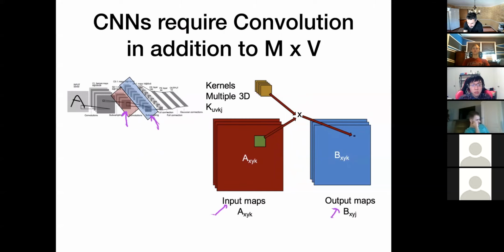You have these guys, these are your kernels that run through this input map, and you have multiple input maps, and multiple output maps as a result. So this kernel, you move it along this input in order to generate one of these outputs. So essentially, you have a matrix to vector multiplication, right?